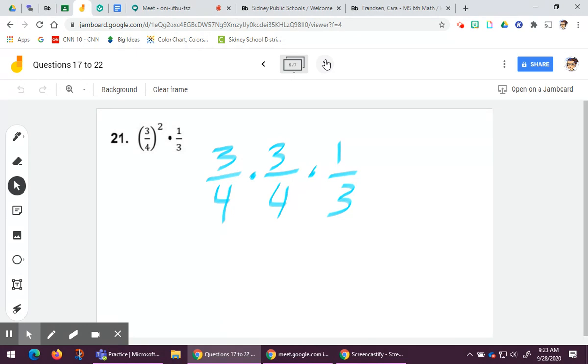So let's cancel those 3s out. There's a 3 up here. 3 divided by 3 gives us 1, so those cancel each other out. The 1 and the 4 will just stay the same. Yep. So 3 times 1, everybody? 4 times 4? 3/16.